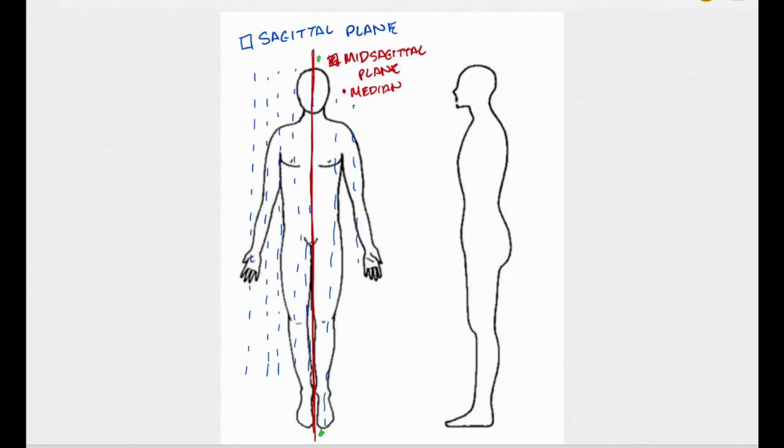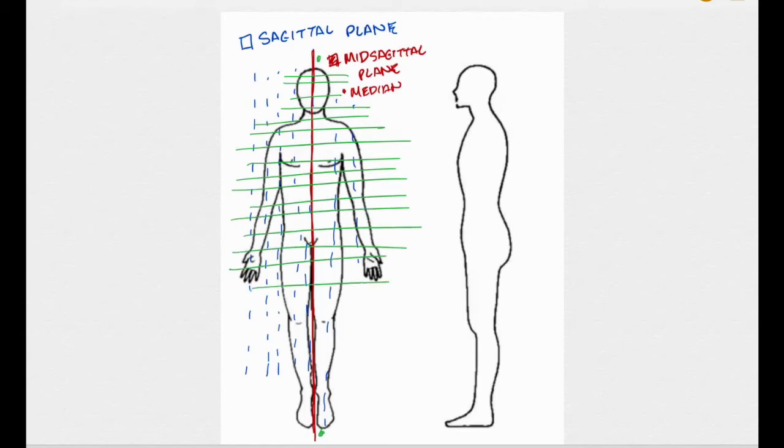The transverse plane is going to go perpendicular to that, so it's going to go like this. These are transverse planes, perpendicular to the long axis. And no, there isn't any secondary name like the mid-sagittal plane. These are all just transverse planes.